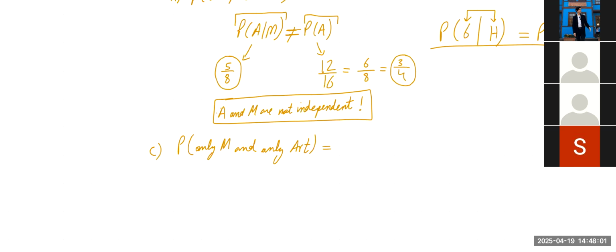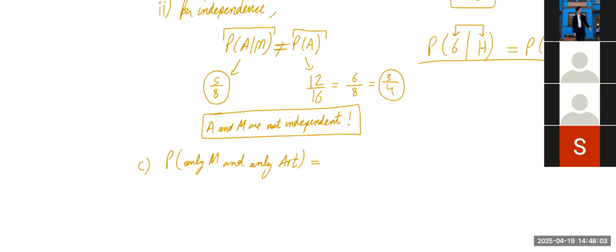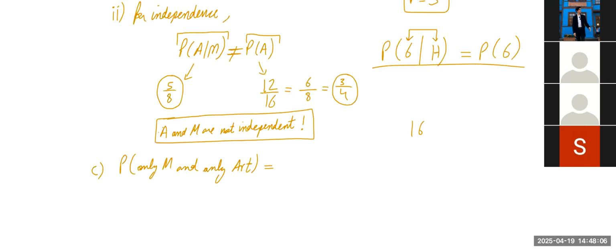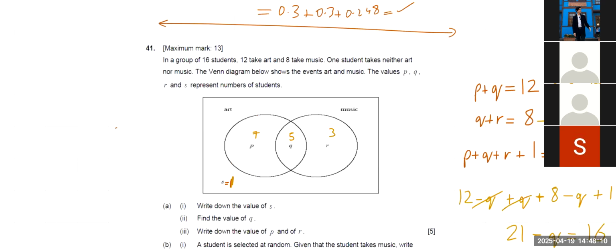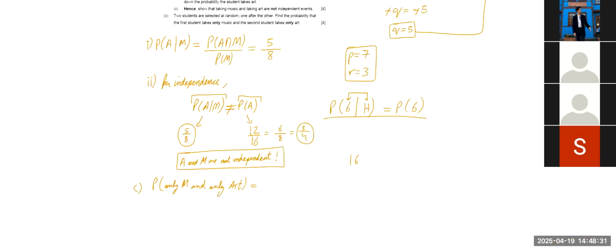What's the probability that, out of these 16 people, I pick someone who only takes music? The probability of someone taking only music would be 3/16.